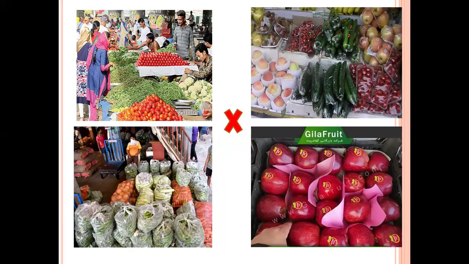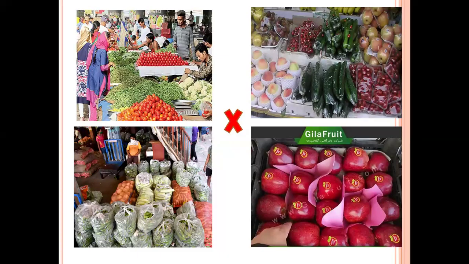They just put the vegetables and fruits in plastic bags. But on the right-hand side, the scenario is different. Whenever we are talking about export agriculture commodities, we need to focus on many things. The first thing is the appearance.